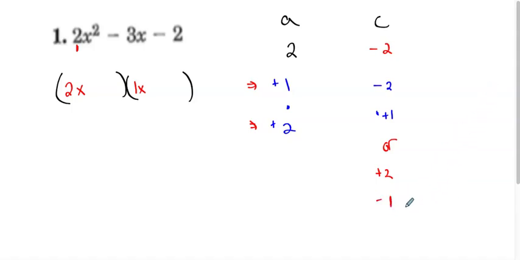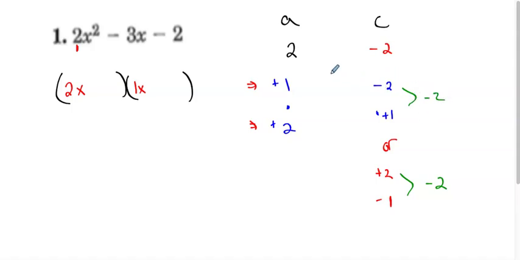That can also give you a negative 2, right? So if I multiply these two numbers, I get negative 2. I multiply these two numbers, I get negative 2. So now here's the tricky part. When I consider my B term, none of these should add up to negative 3.